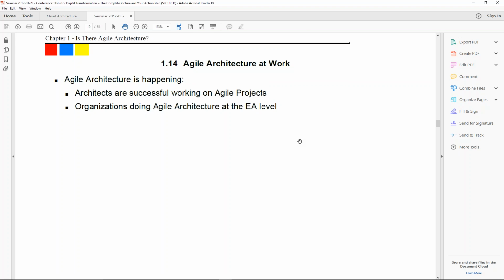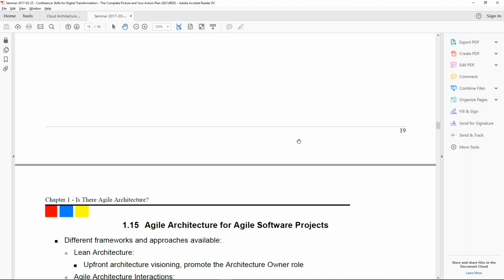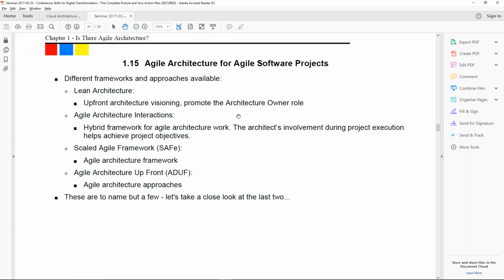And there is some amount of architecture being done at the enterprise architecture level, but there's a bunch of approaches. One approach is we do a lot of upfront architecture visioning. We have an architecture owner, much like we have a product owner.